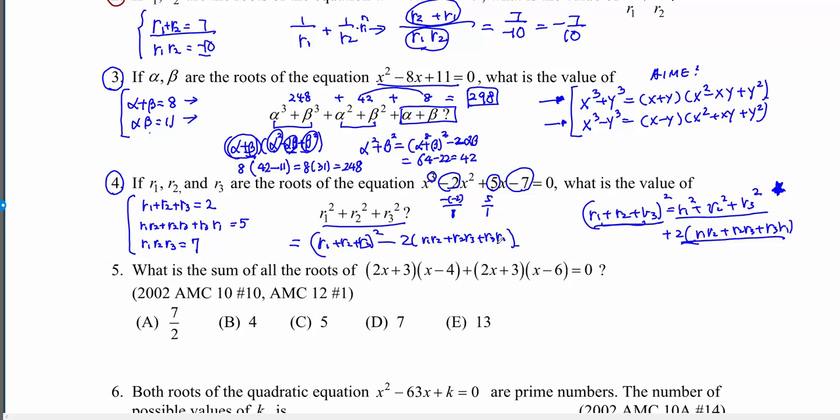So R1 plus R2 plus R3, the sum of roots, is 2. That is 2 squared, which is 4 here, right? Now 2 times the sum of two-root products. How much? This is 5 over here, isn't it? 2 times 5 is what? Negative 10. So it's gonna be negative 6. That is the answer.